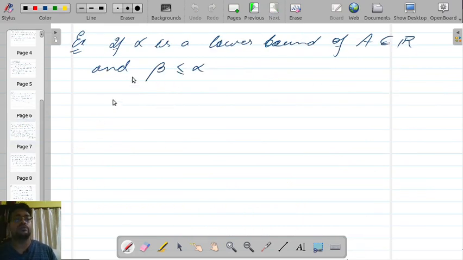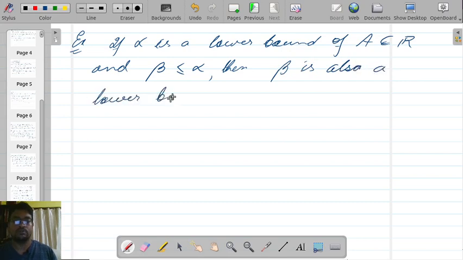Here we will show that if alpha is a lower bound of A, a subset of R, and beta is less than or equal to alpha, then beta is also a lower bound of A.